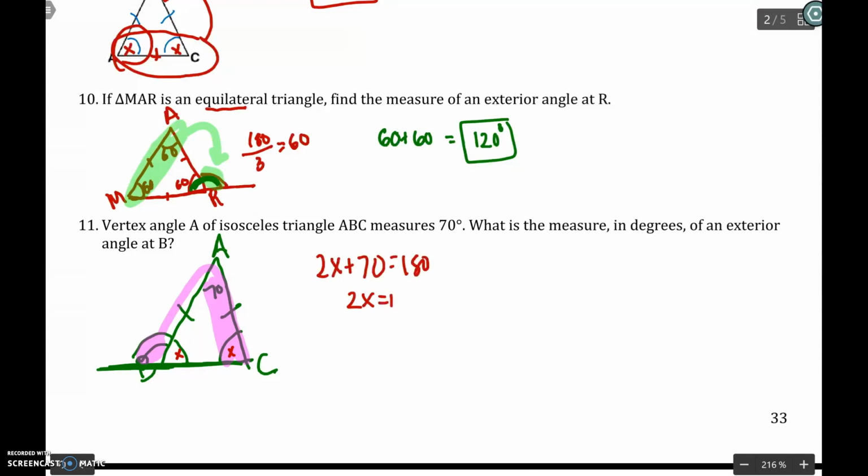So if you solve this, you will see that each one of the base angles is 55 degrees. They're the same. Now you can follow the pink highlighter. Your exterior angle will equal the 2 non-adjacent ones added together. So 70 and 55 added together would be 125 degrees for your exterior angle.